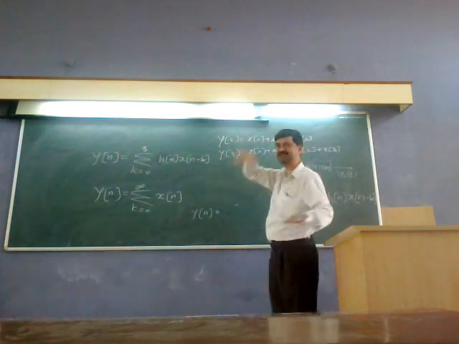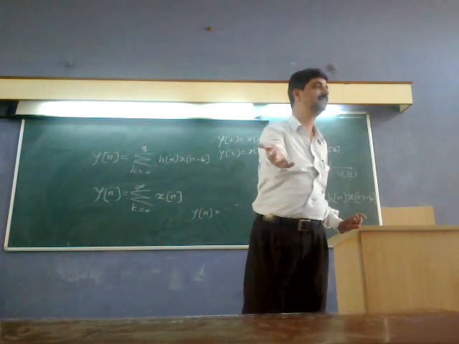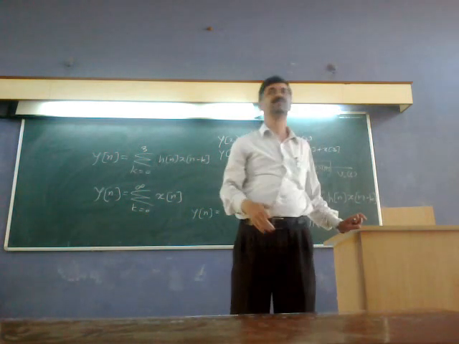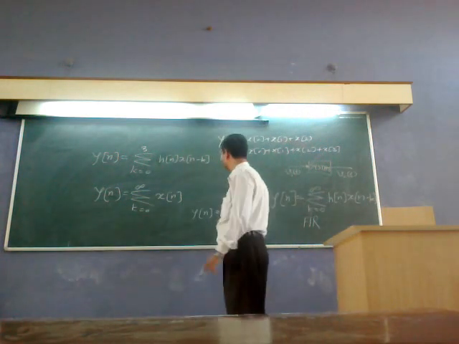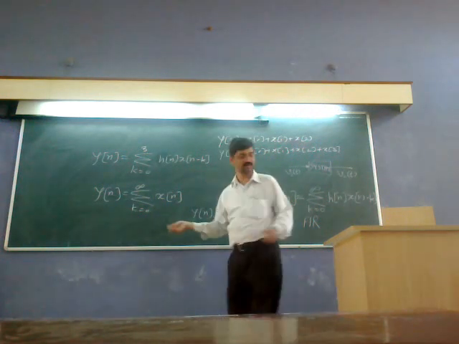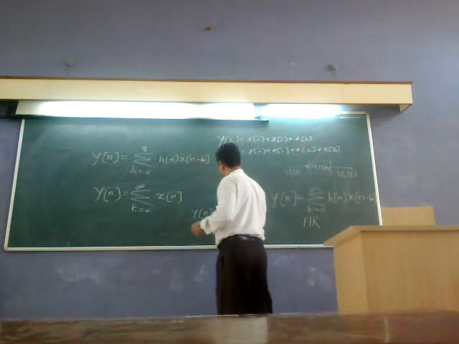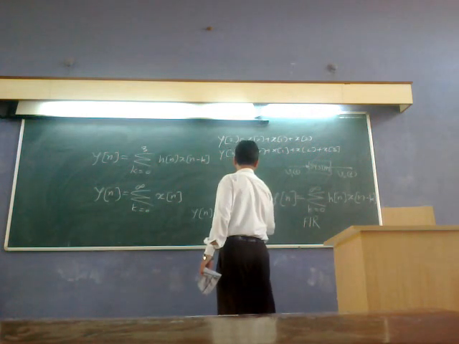Can you compact this? y3 is y2 plus x3. So now generalize. So yn is what? xn plus yn minus 1.